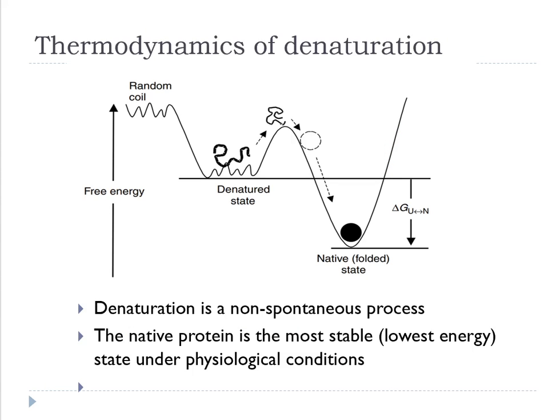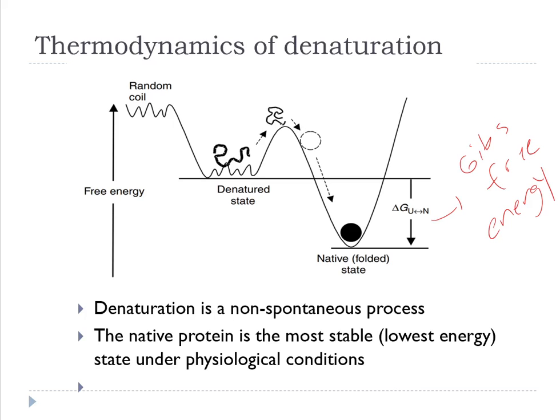So denaturation is a non-spontaneous process. This figure here is the representation of the energy of a protein molecule as a function of its conformation, its shape. The conformation with the lowest energy is usually the native state.